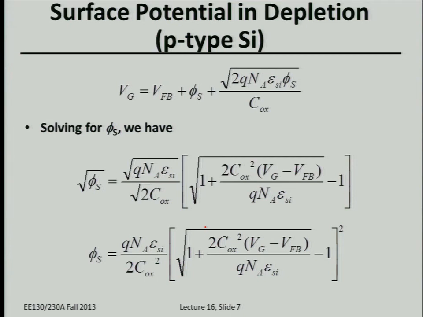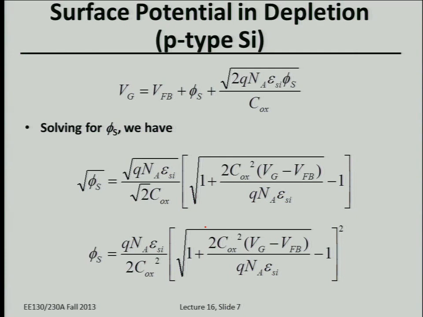I'm capacitively coupling to it through the gate oxide. So by increasing the gate voltage, I'm pulling up the bear, but I'm wasting part of my effort by increasing the voltage drop across the silicon, right? So there's some capacitive coupling ratio there. That's what this equation represents.